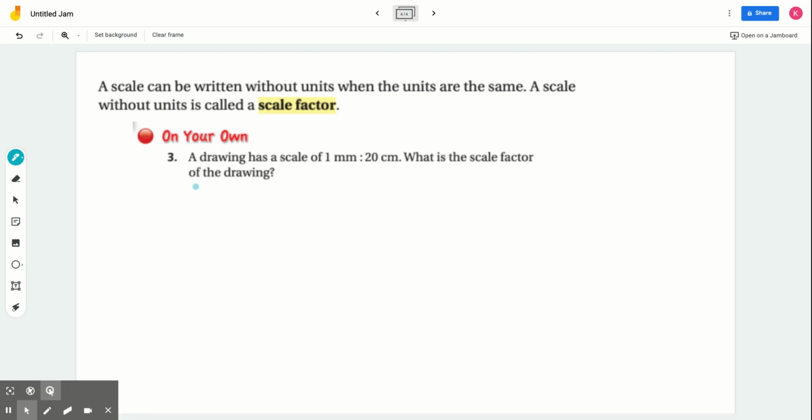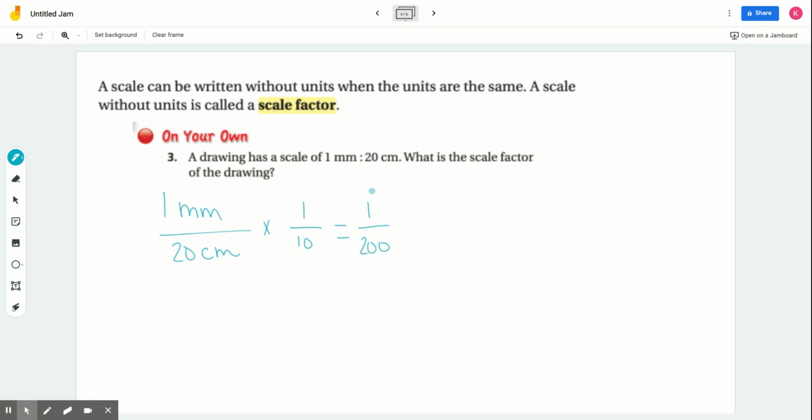So we're going to start out by writing our scale 1 millimeter to 20 centimeters. Since there are 10 millimeters in every centimeter, we are going to multiply by 1 over 10 to find that the scale factor would be 1 to 200.